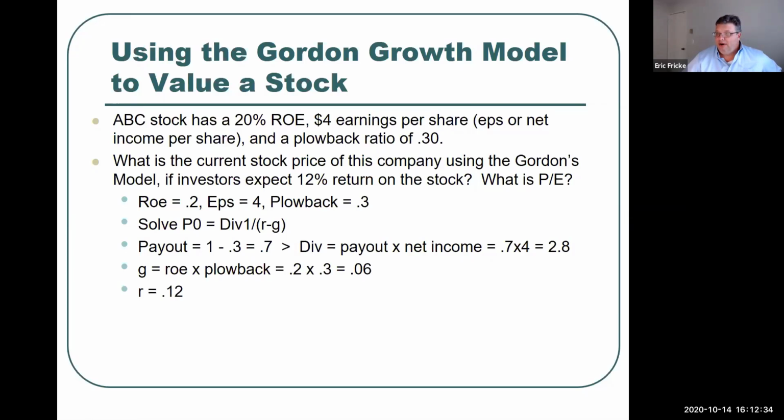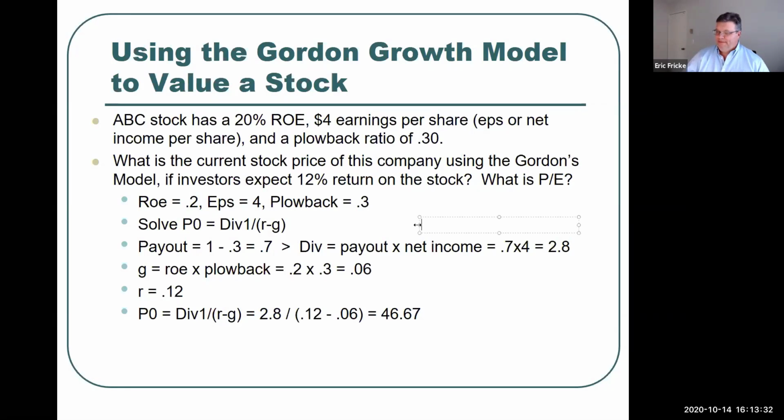And we know R is 12%. So that means we have enough to calculate the Gordon growth model. It's going to be the dividend divided by R minus G, which is 2.8, which we just calculated, all divided by 0.12 minus 0.06. So that would be the stock price in this example.